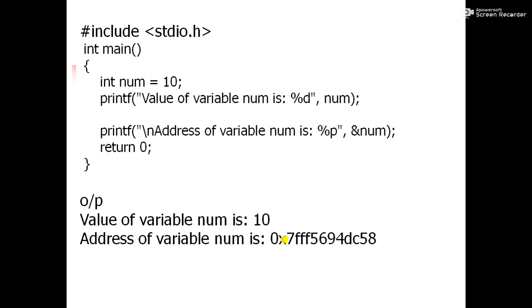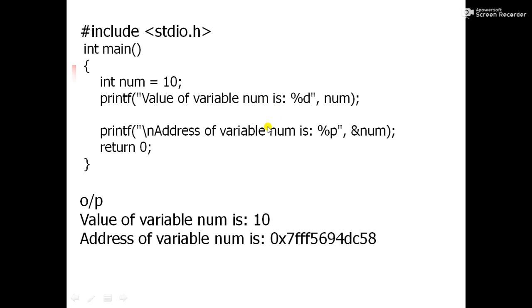It may be possible that for me this may be one value, and for you another value. It depends upon your compiler, as I have said earlier also. So in this way, we have used printf statements to print the value of the variable and the address of that variable.